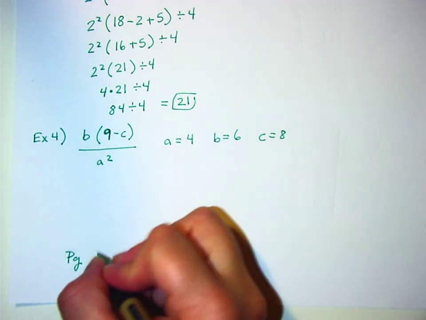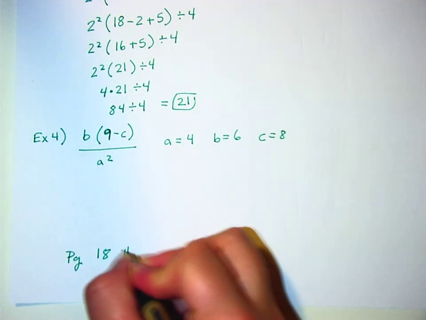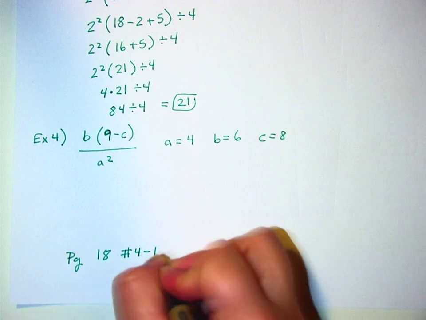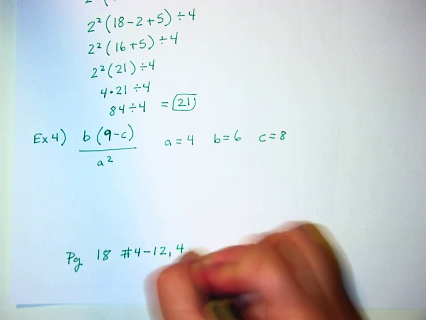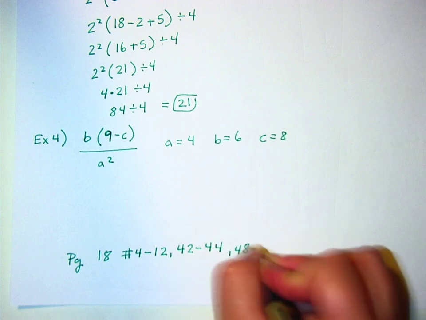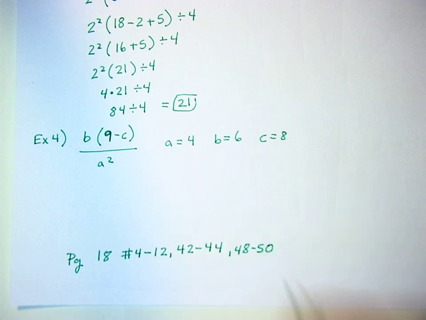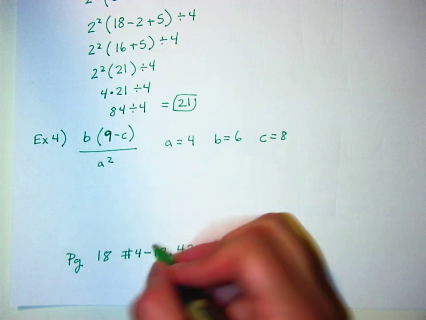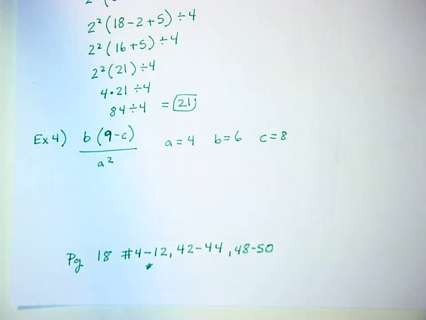Your homework is page 18, numbers 4 through 12, 42 through 44, and 48 through 50. Not a very long assignment. And these ones, I want you to remember that those ones, they just are like algebraic expressions, and then you write them out in English human words, okay?